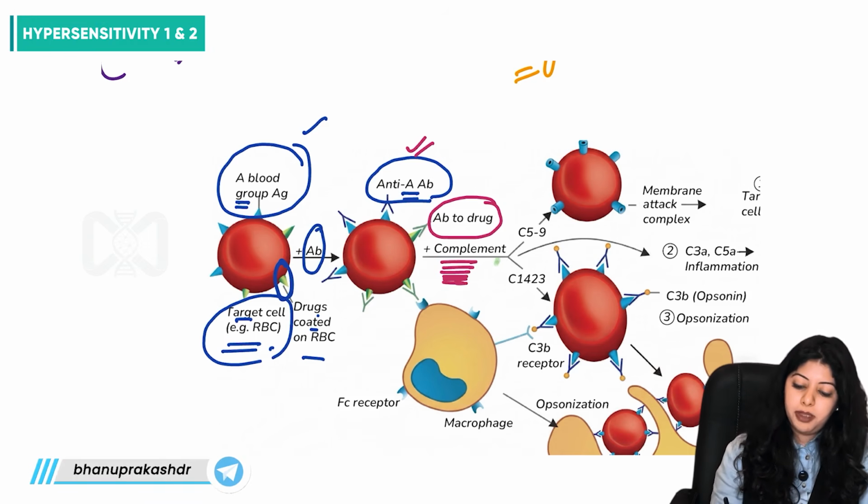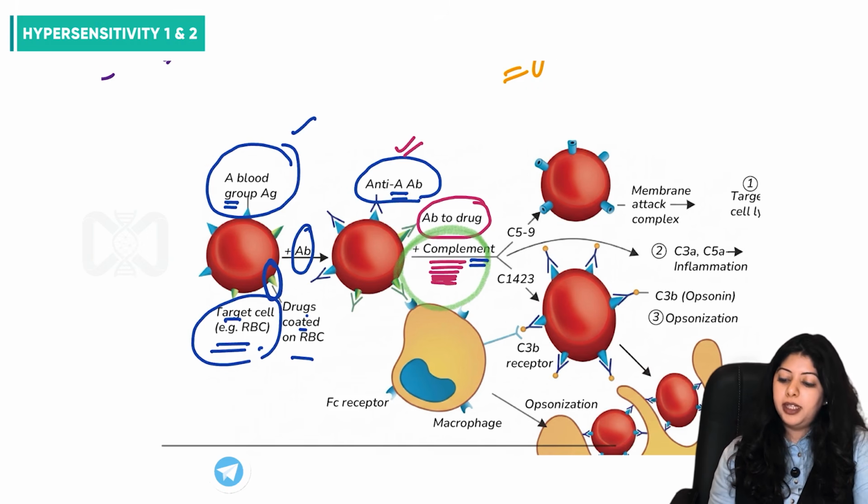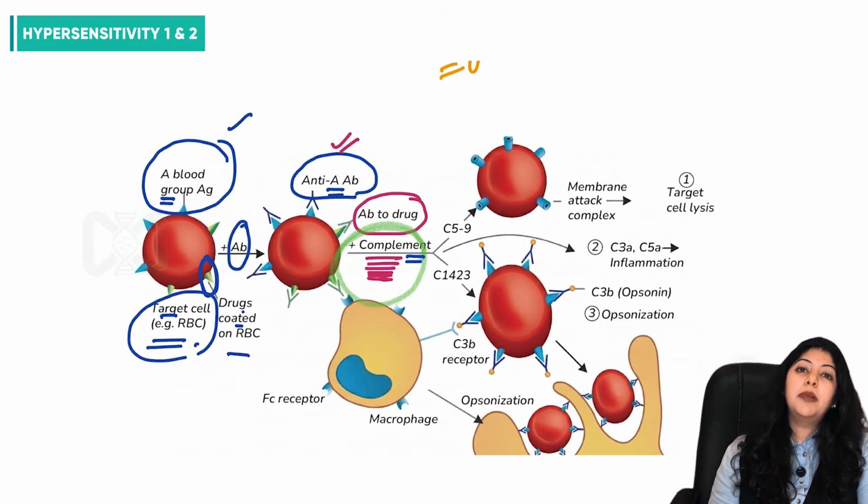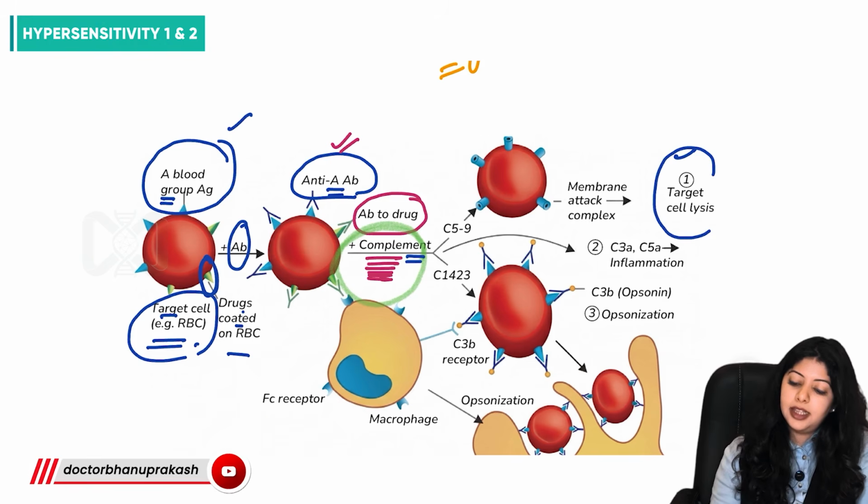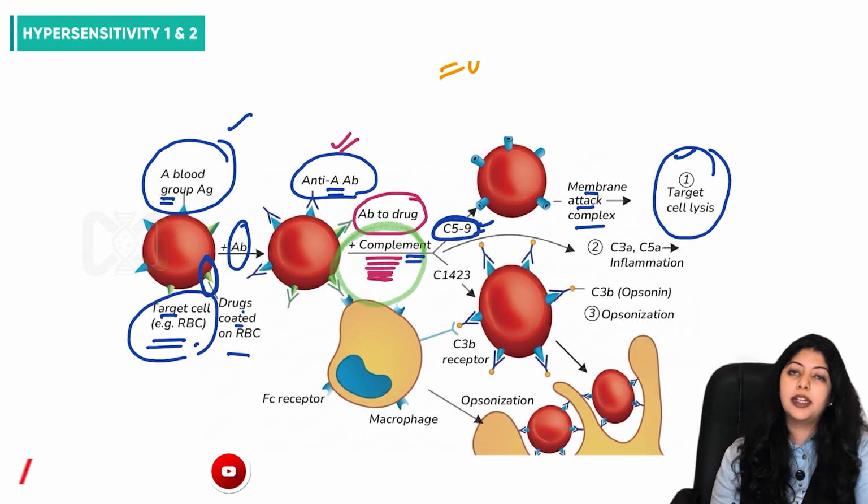So now the complement is getting activated. What happens next? Because of the complement activation, three mechanisms take place. First is the target cell lysis, which is done with the help of activation of membrane attack complex C5 to C9 from the classical complement pathway.